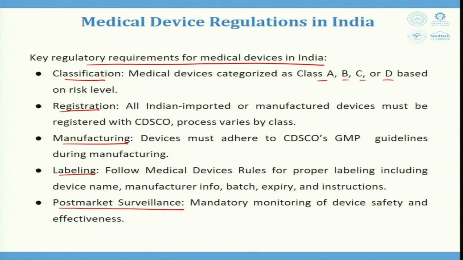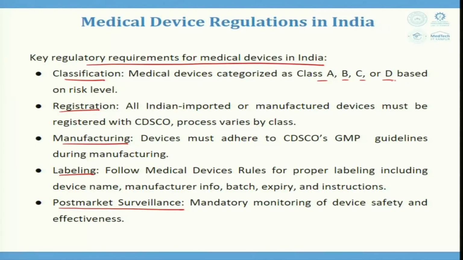For instance, class A has medical devices with minimum risk, like thermometers or maybe tongue depressors. As the risk keeps on increasing, the class level keeps on increasing. For example, class D is a medical device with the highest risk, where even a small failure in the medical device can have a fatal outcome. So, based upon the different kinds of risk associated, these classes are defined.